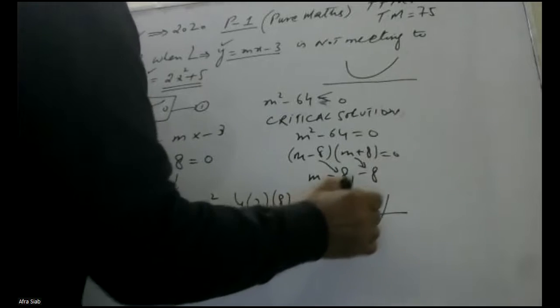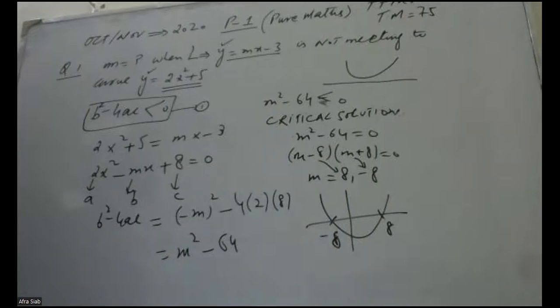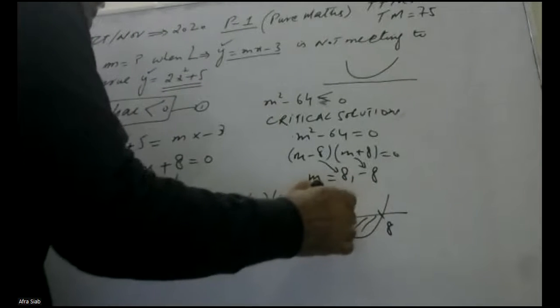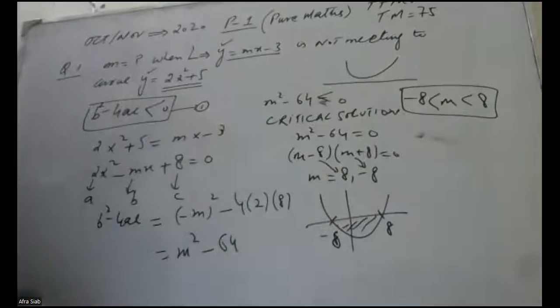Then you will draw the graph. It should be minus 8 and 8, because the coefficient of m square is positive. And according to this one, it should be less than 0. So the m range is greater than minus 8, less than 8. This is the solution of this question.